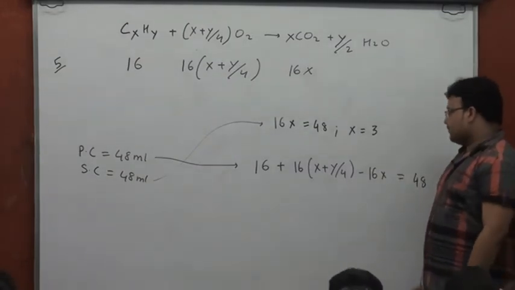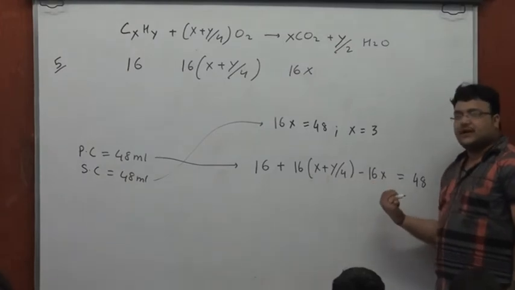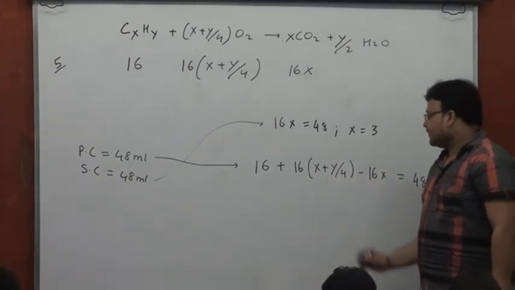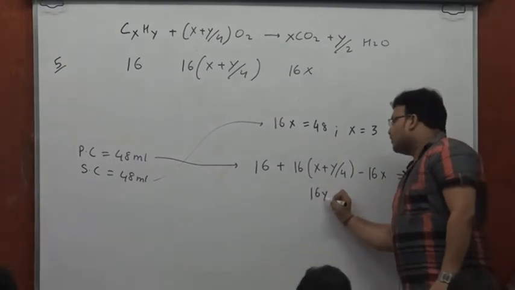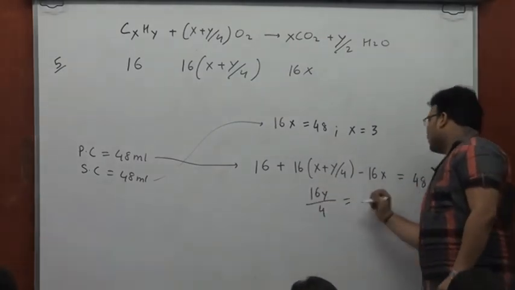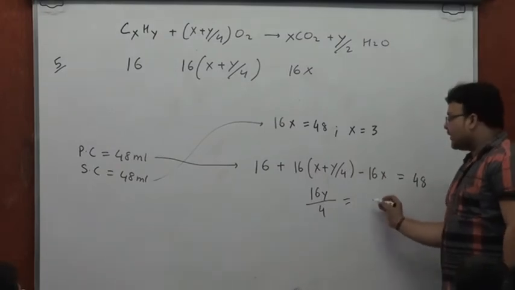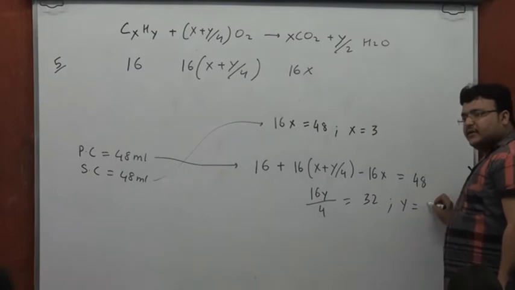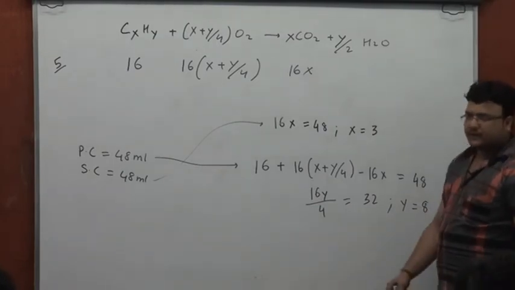Now again, chances are 16x and 16x will get cancelled. So that's going to give you 16y by 4 is equal to 48 minus 16, that's going to be 32. Y is equal to 8.